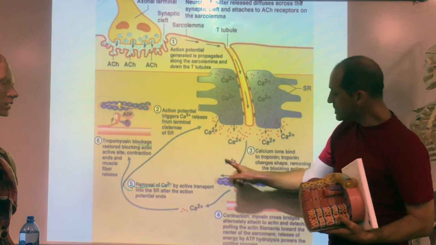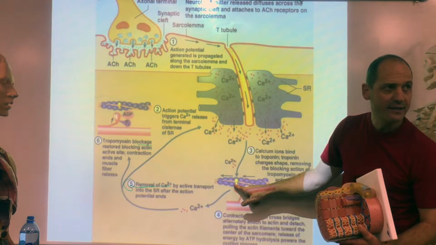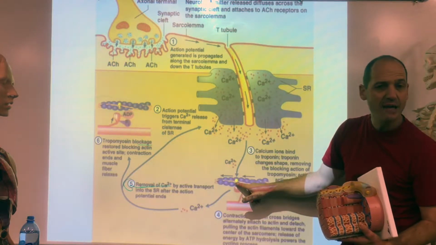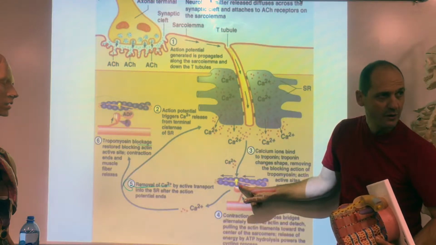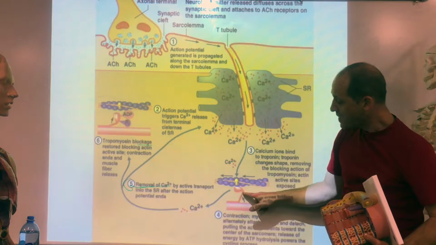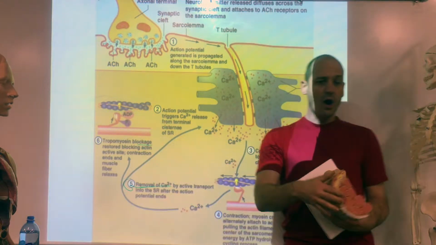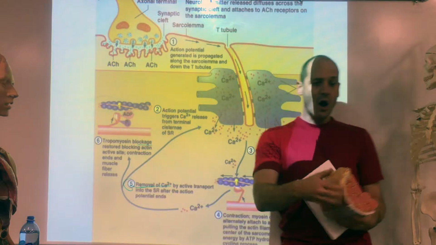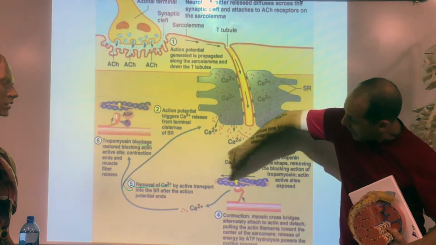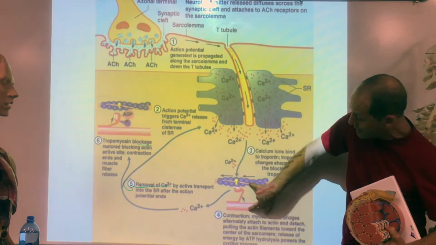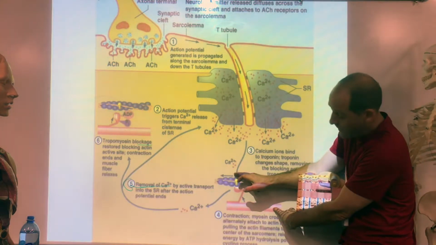Calcium's role is to go to the actin and expose the active site that then acts like a magnet for the head of the myosin to attach to it. And then the head of the myosin does the action with the ATP, and it's basically a cocking down, back up, down, back up. So it brings the actin a little closer, so they shorten, they do a little tug of war. One slides one way, the other slides the other way, and the muscle contracts.